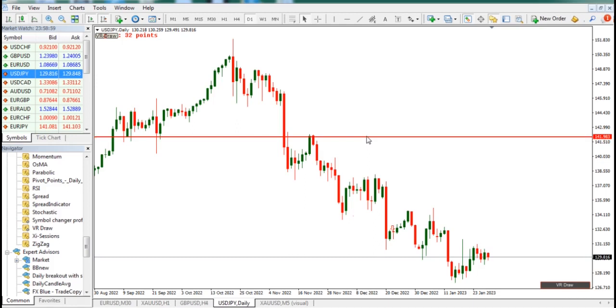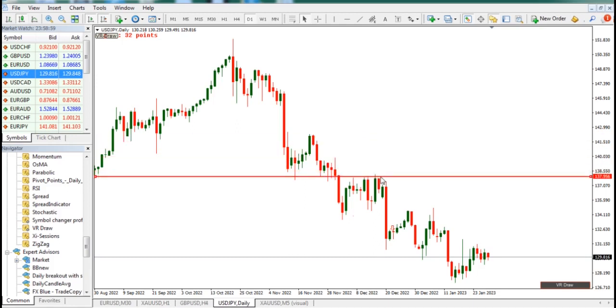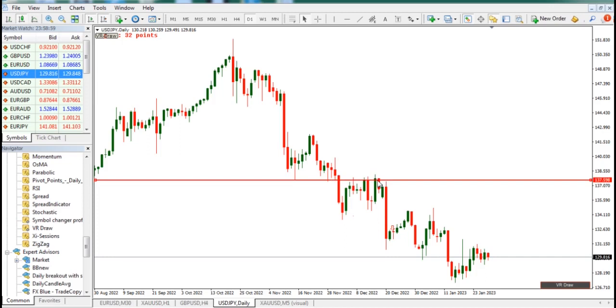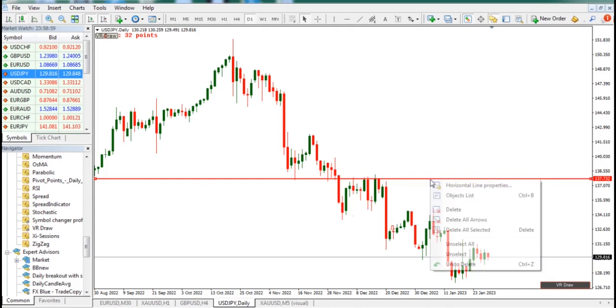So if you plotted the lines here like this, and your target would be somewhere around just these areas, then in the future, after a couple of weeks or days, if the market touches here, the indicator will again give you a notification, or the expert advisor will place an order again, whereas by then it's not sure these lines will still be valid.